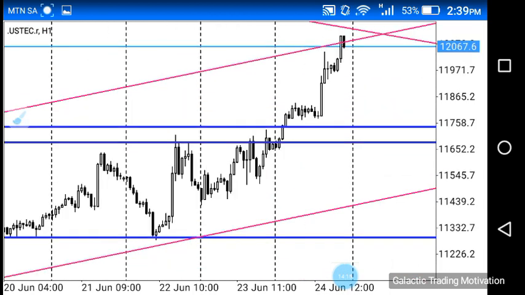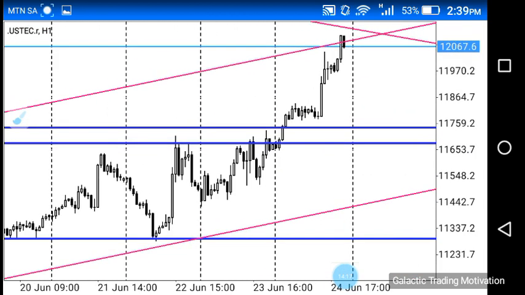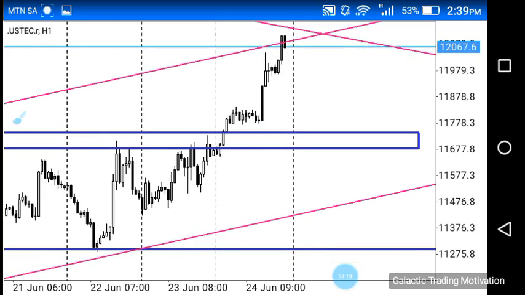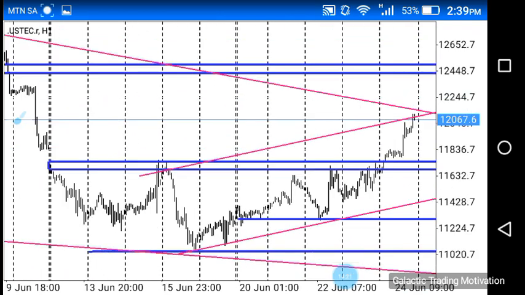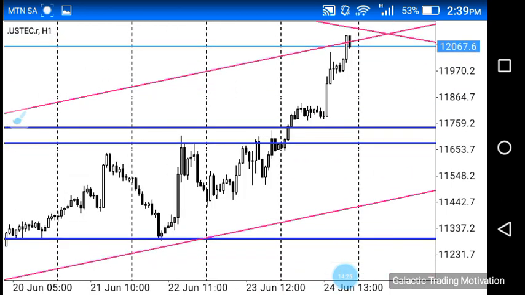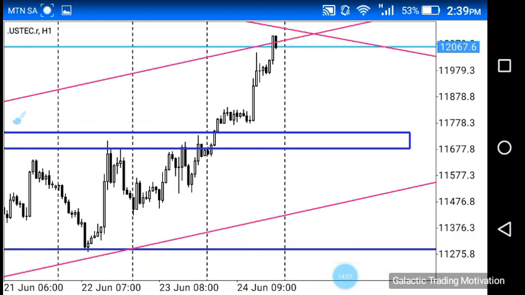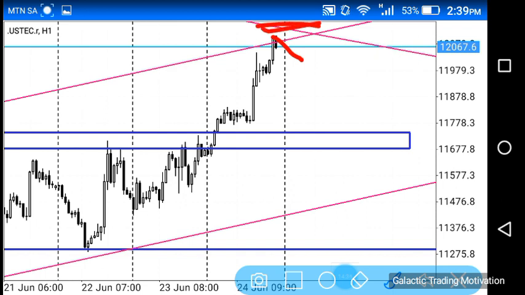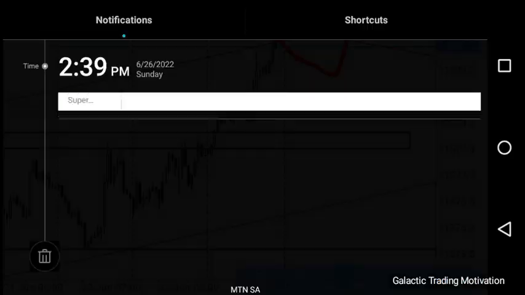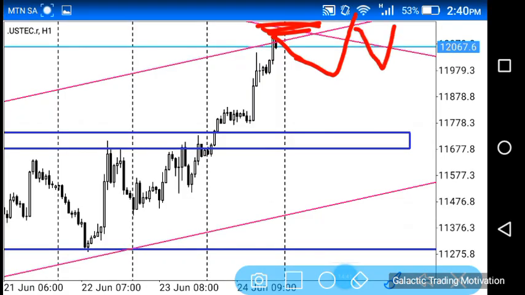Yeah, so here we are, guys, on the H1 chart. I don't see anything really that is particularly interesting on this chart. But as I said, guys, I would love to see price maybe on Monday pushing slightly down to induce more people to sell, and then maybe on Tuesday go up, form an M formation, and then push to this level.